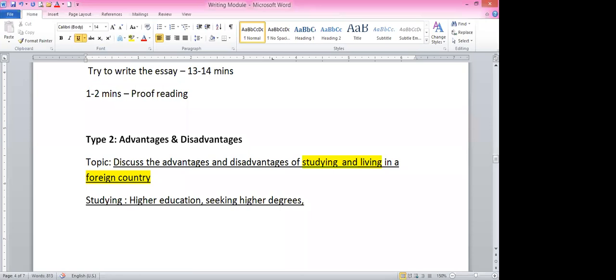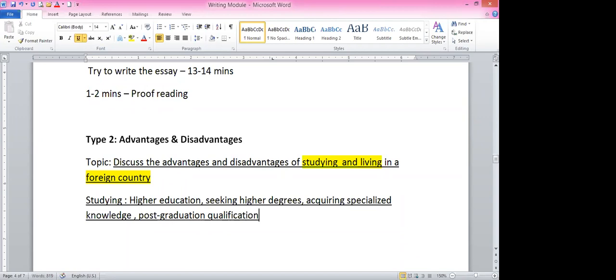Studying can be said as acquiring specialized knowledge, because you're doing a master's degree, so specialized in some field. Maybe postgraduation; people do say postgraduation qualification.